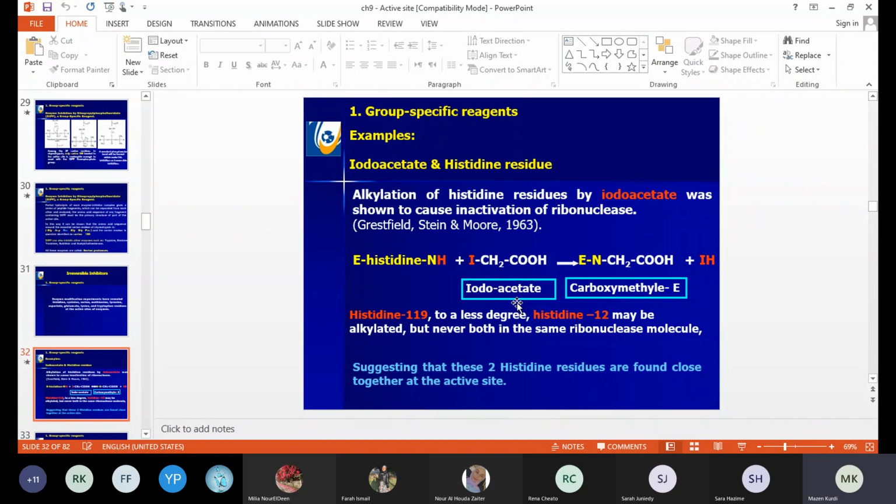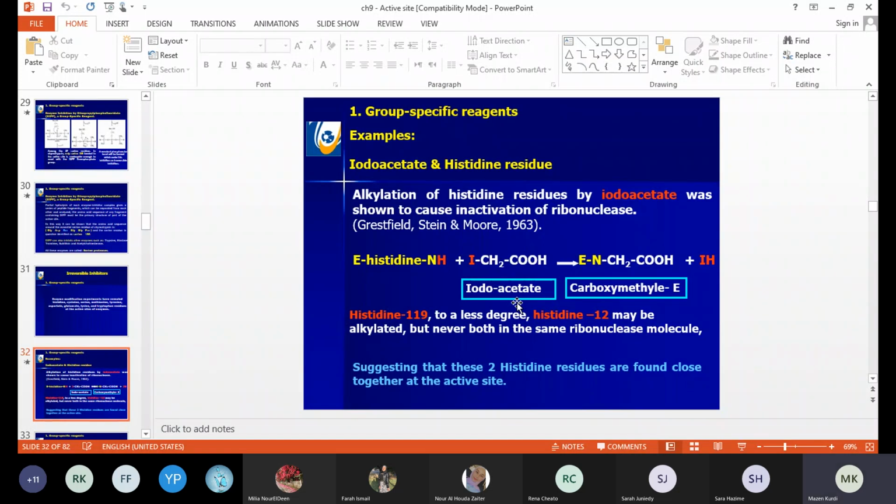This means that these two histidine residues are close to each other in the active site. Iodoacetate interacts with one of them, not with both. Okay? Either histidine 119 or histidine 12 interacts with it. So these two are present in the active site, and we always get one of them interacting with iodoacetate. So they must be very close to each other in the active site. They are not necessarily close in the primary structure, but in the active site we have these two.